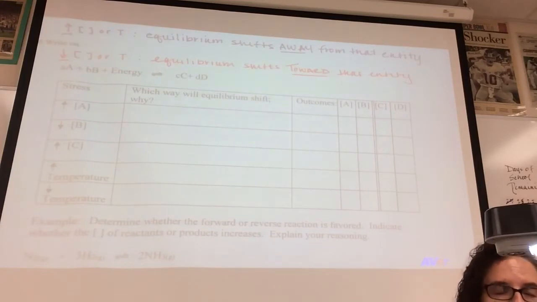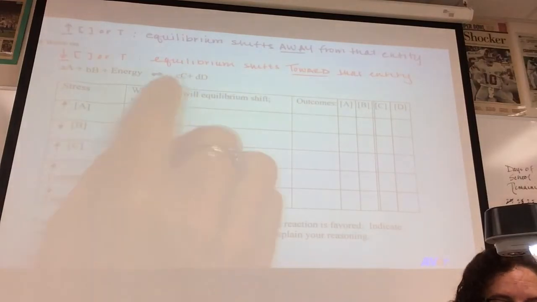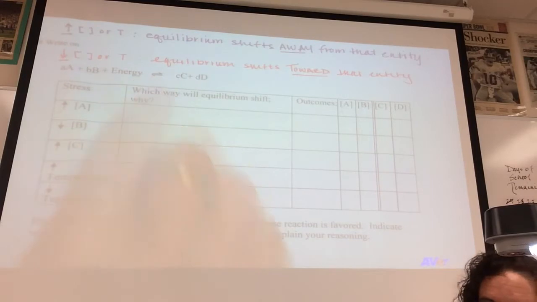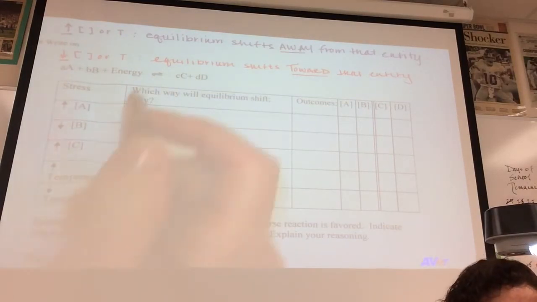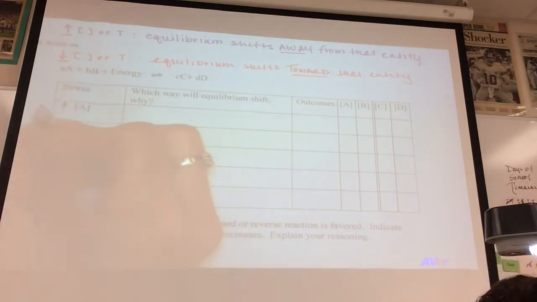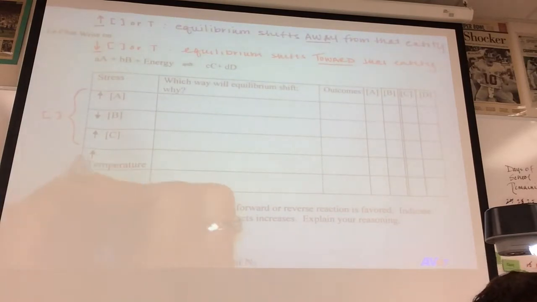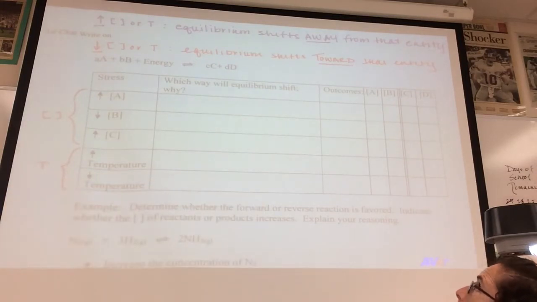That's very unclear. So equilibrium will either shift in the forward or right direction, or the reverse or left direction. So for example, one stress we can look at is concentration. Another stress that we can look at is temperature, capital T for temperature.